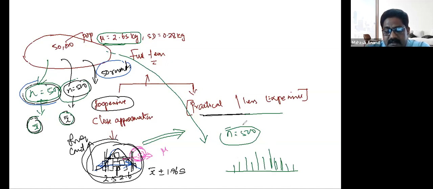Using these 500 samples, you calculate X bar. Using this X bar, you have to estimate the 95% confidence interval of the population parameter.